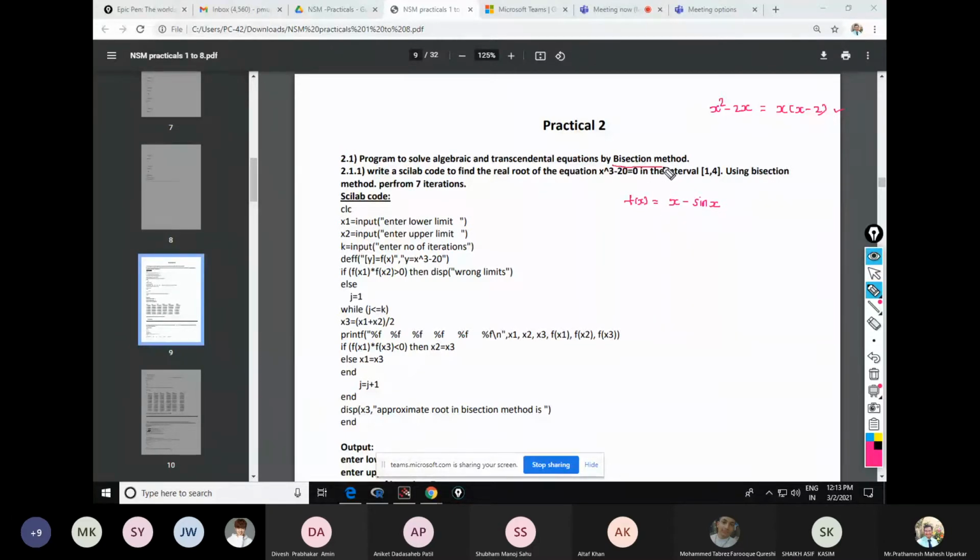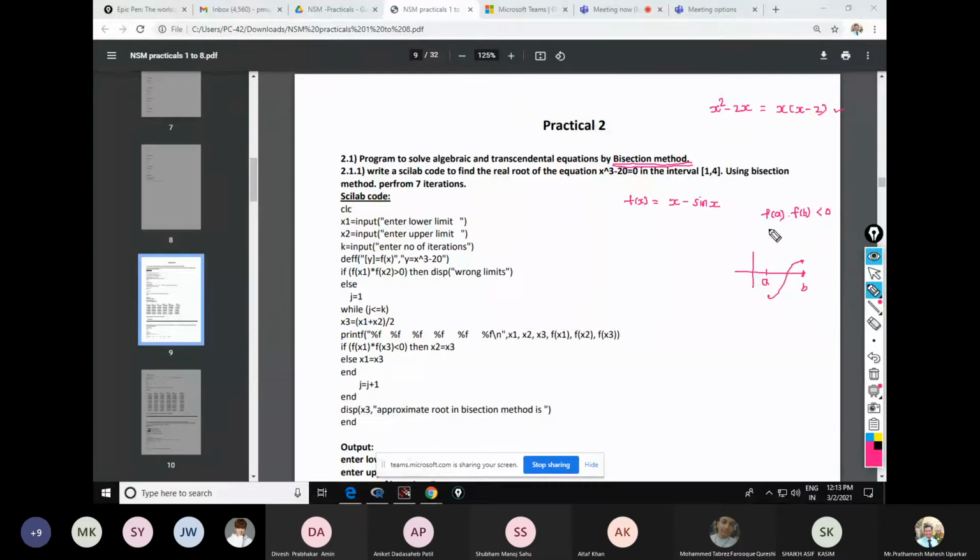And the first numerical method is known as the bisection method. In the bisection method, we are saying that if my function behaves like this, that is, f of a into f of b is less than 0, what does it mean? They have different signs.